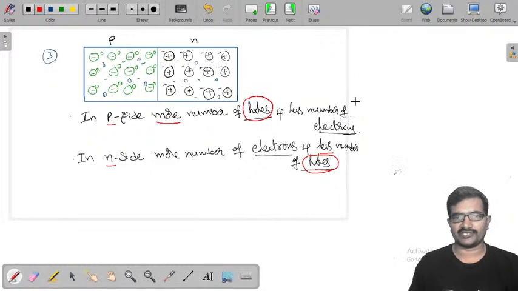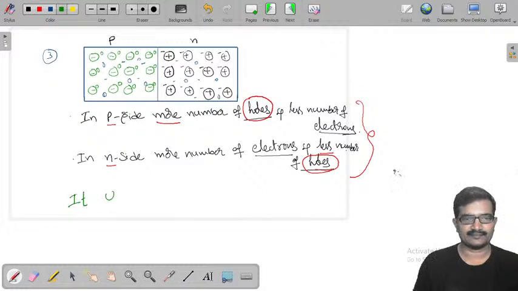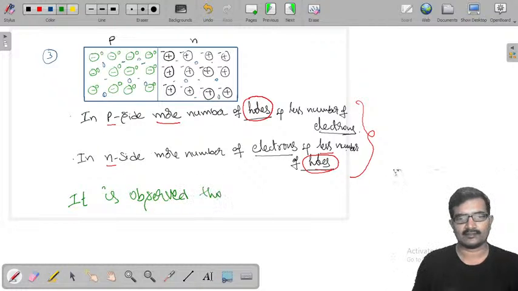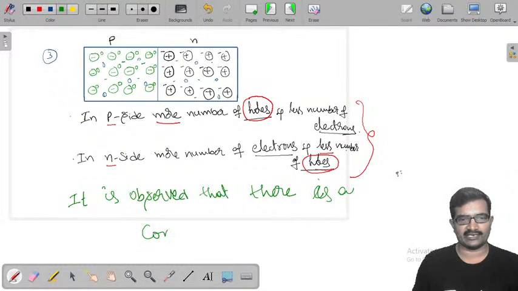Due to this concentration gradient, it is observed that there is a concentration gradient.